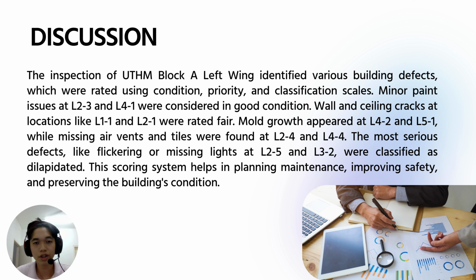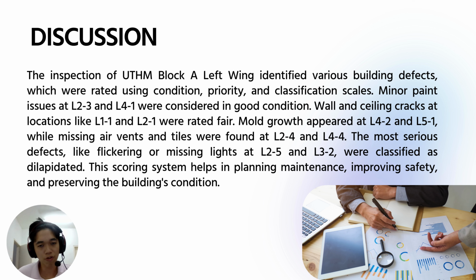For the discussion, the inspection of utilization Block A left wing identified various building defects which were rated using a condition priority and classification scale. Minor paint issues at level 2 third and level 4 first were considered in good condition. Wall and ceiling cracks at locations like level 1 first and level 2 first were rated fair, and mould growth appeared at level 4 second and level 5 first, while missing air vent and tile were found at level 2 fourth and level 4 fourth.